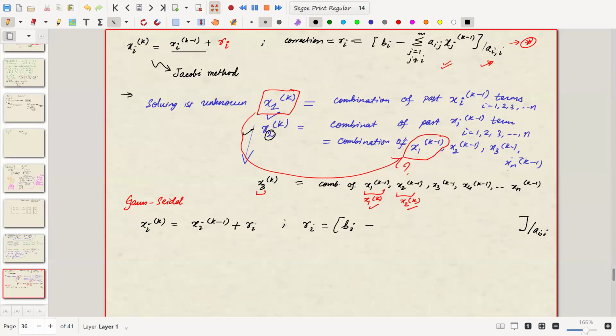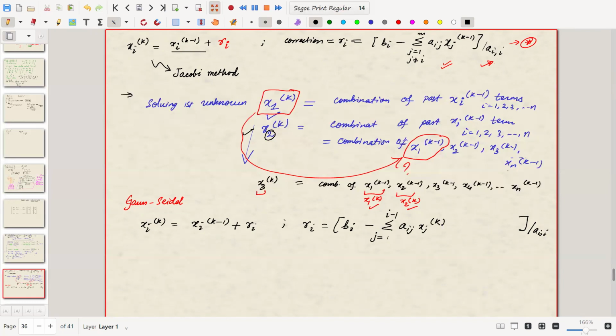So I'm asking you, if you are computing xi at k, then all values less than i will have the fresh value, isn't it? Because those are the terms you already computed. So therefore, that will have a summation j equals 1 to i minus 1 of aij xj at k, because that's the fresh value.